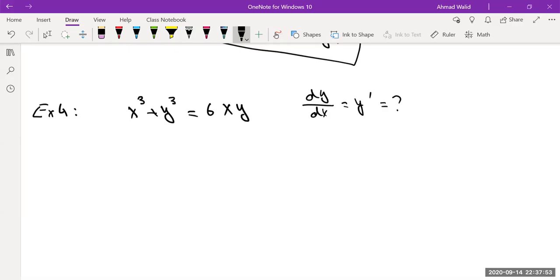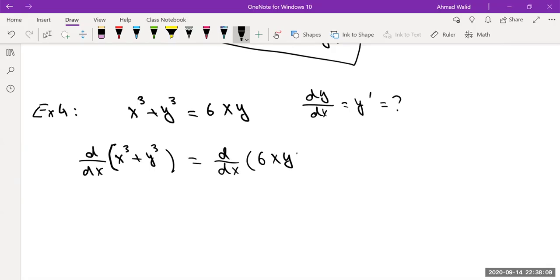Take the derivative from both sides. d dx of x cubed plus y cubed equals d dx of 6xy.